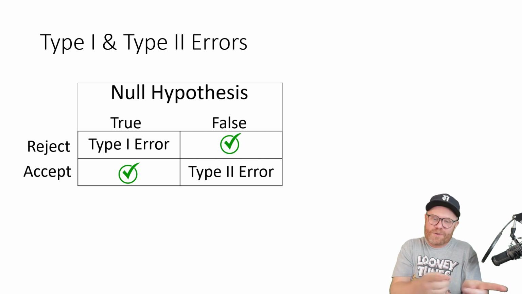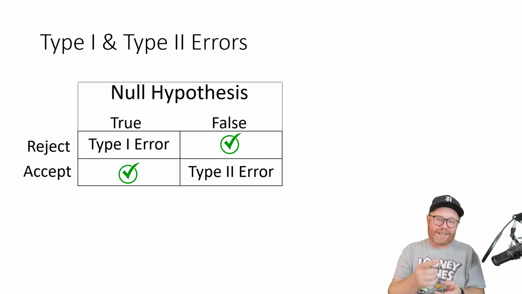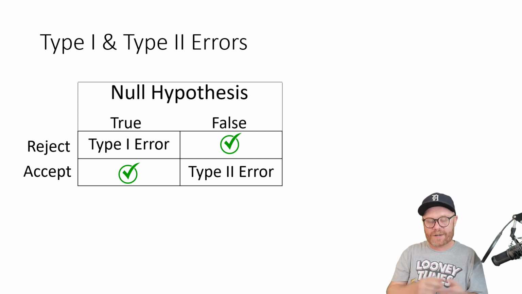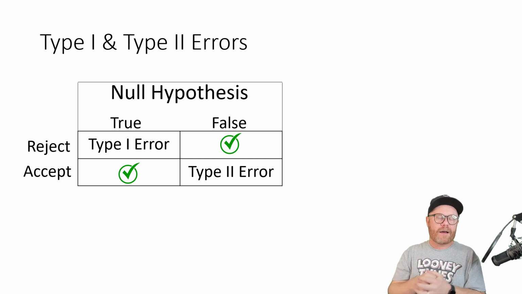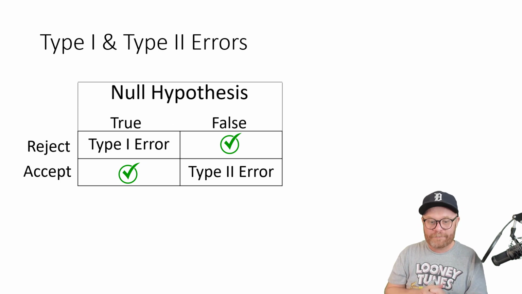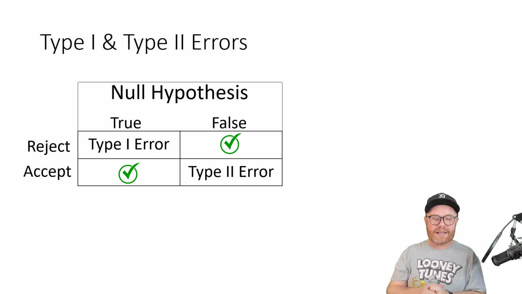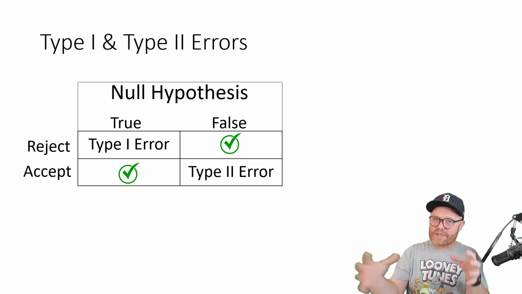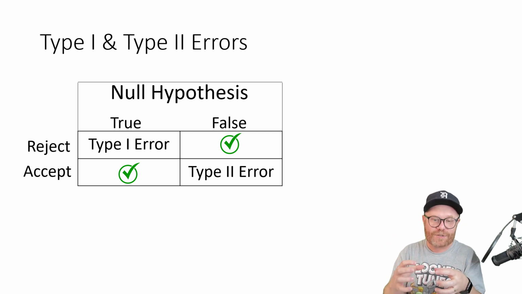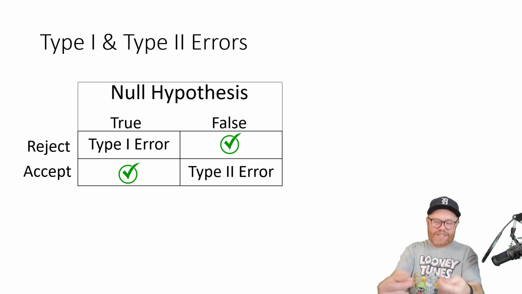Well, what we do with this, whether we reject the null hypothesis or accept it, herein comes the potential errors. As you see, a type 1 error here would be if the null hypothesis is true, which means they're both the same, essentially, but I still reject it.